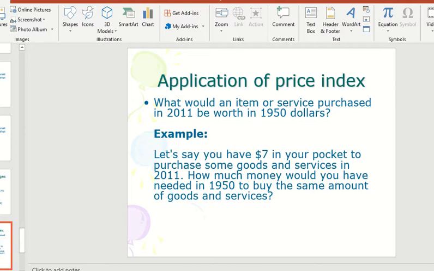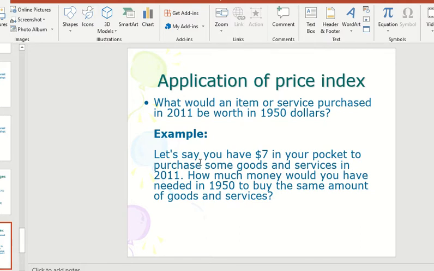Sometimes the older generation would say that, well, you guys have it hard, because these days you work so hard and you still don't get to enjoy the same amount of goods and services that they used to, because prices back then were much cheaper. Maybe there is some truth in it. So we can find out.